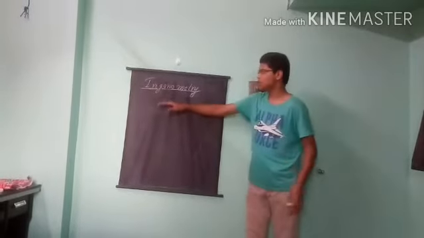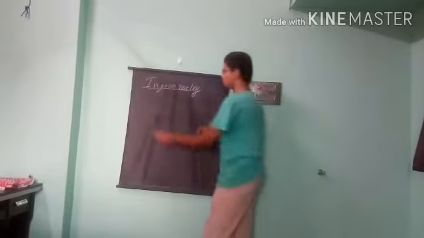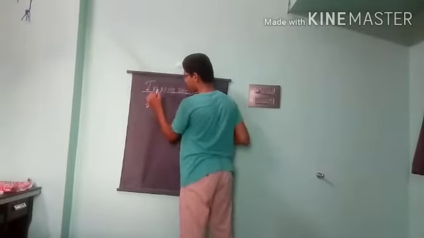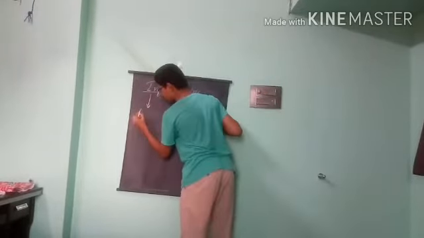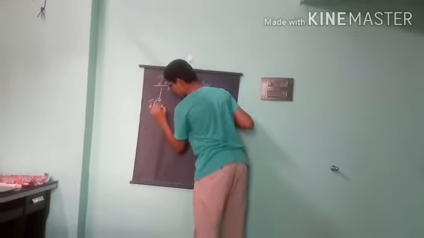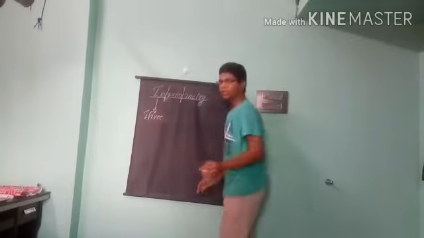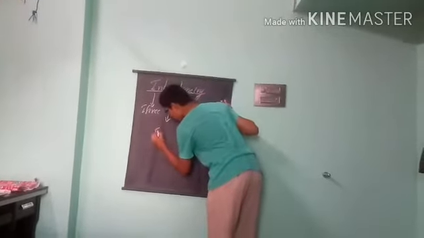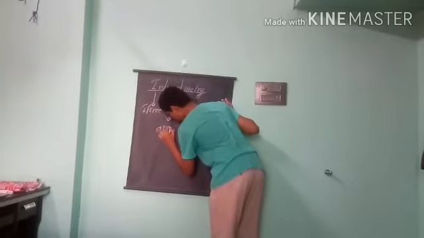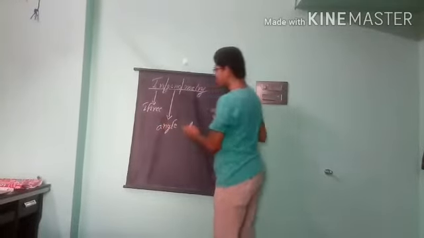There are three parts in this word, trigonometry. Tri means 3. Gono means angle.